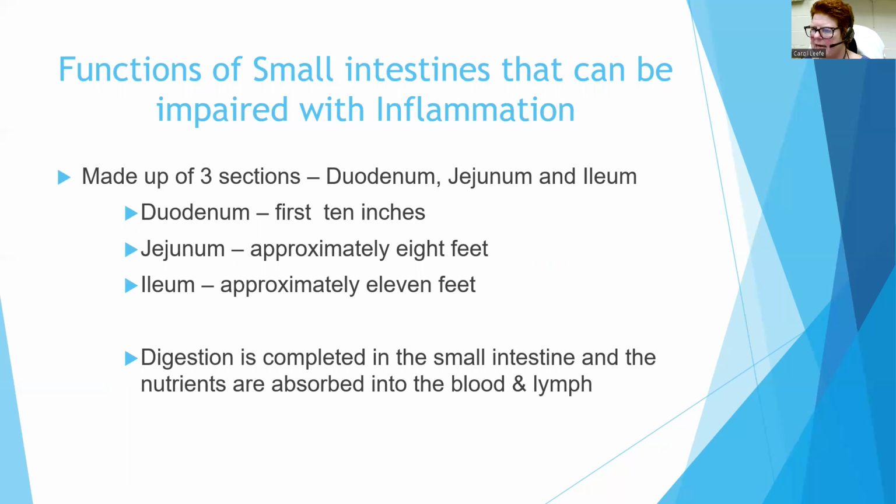So all that digestion can be functionally impaired. If those nutrients can't be absorbed, those patients are going to be malnourished, which then makes them immunosuppressed. And we will talk about all of that in class as well.